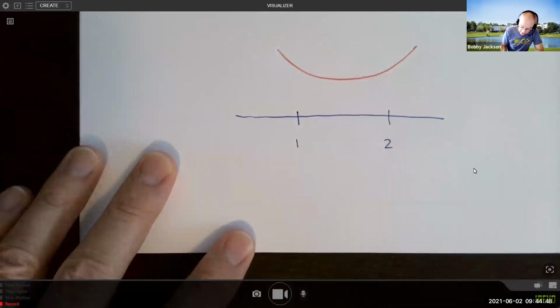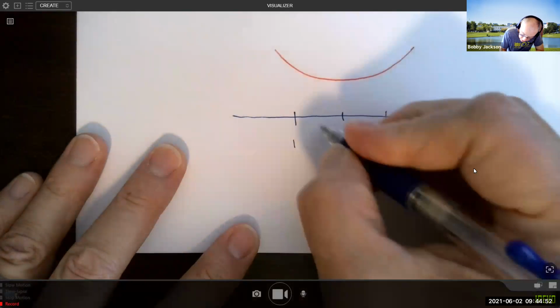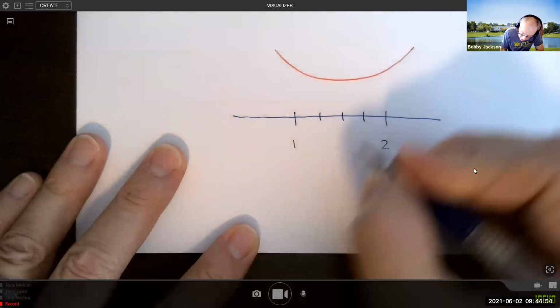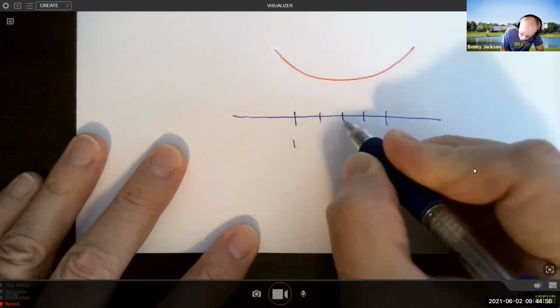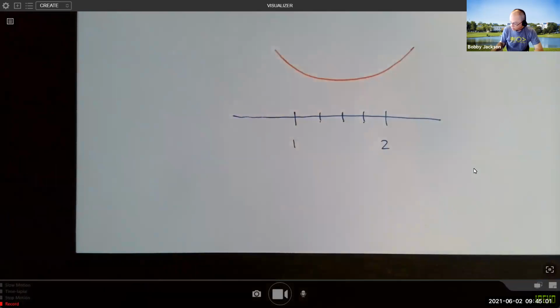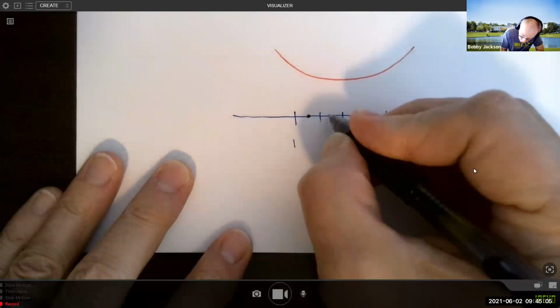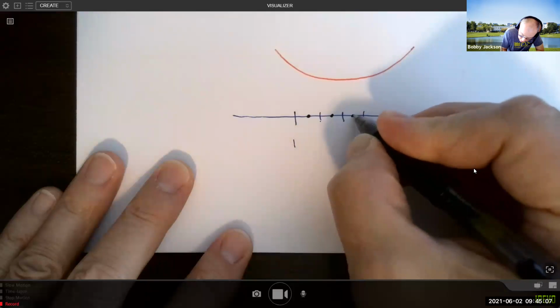What we're doing is breaking up the interval from 1 to 2 into 4 equally spaced subintervals. So here's 1.25, 1.5, 1.75, 2. But we're using the midpoints, so the midpoints are going to be 1.125, 1.375, and so on.